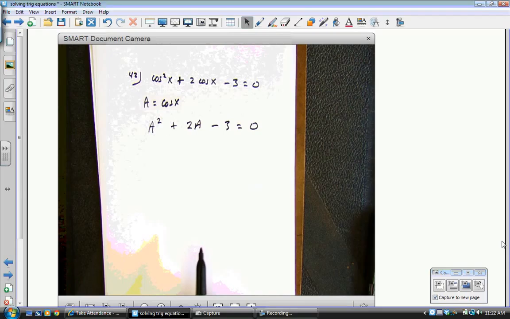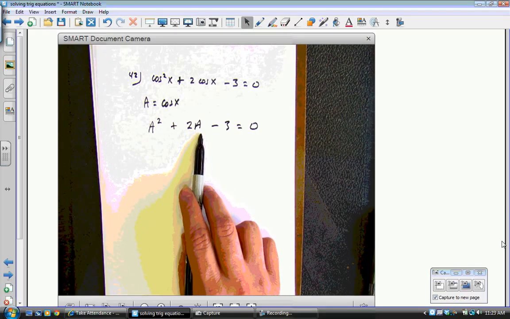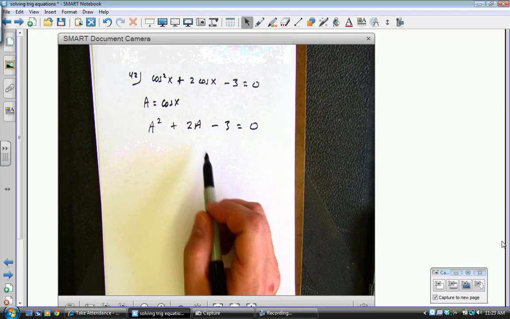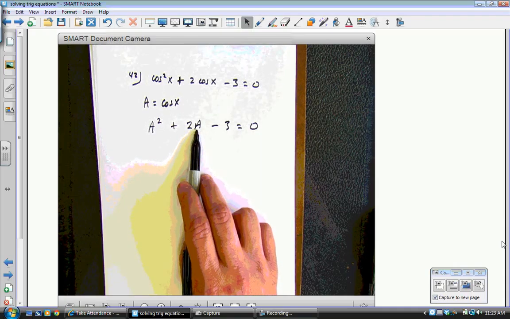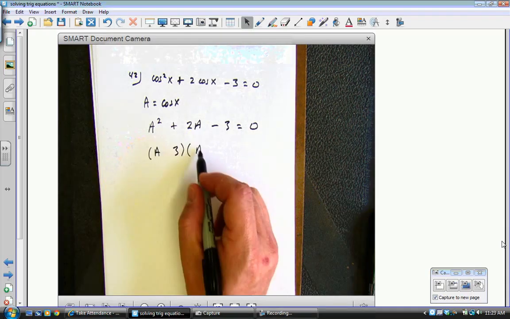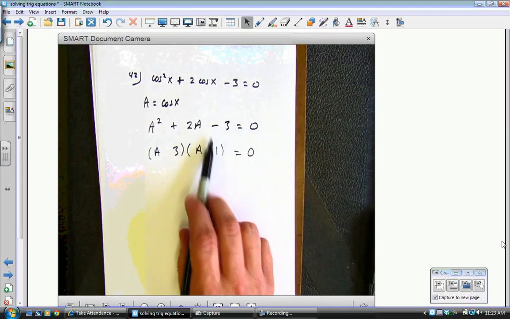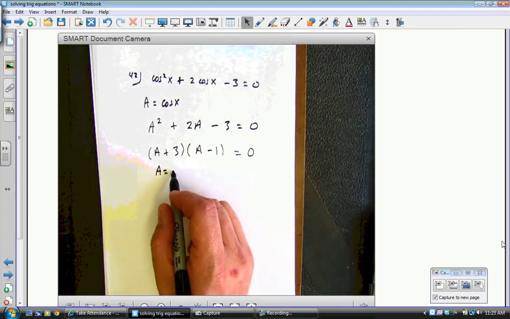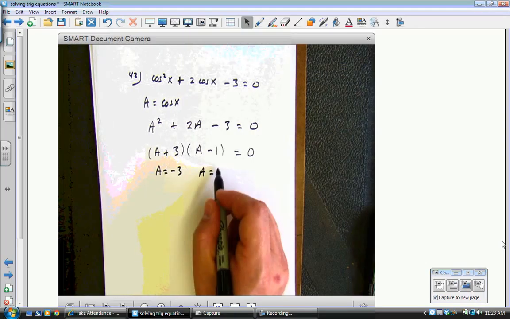Now, factors of 3 that subtract to give me 2 would be what? 3 and 1, right? And I don't have to split on this one because I don't have a leading coefficient. My signs are going to be different. It'll be plus 3 and minus 1. So we're going to get a to be equal to negative 3 and 1.